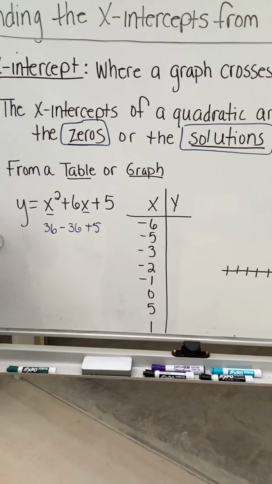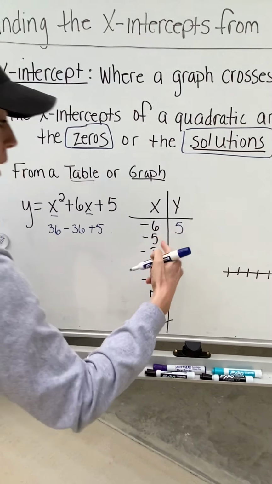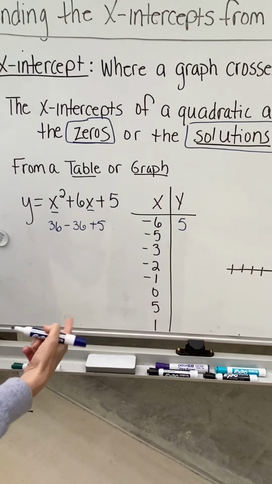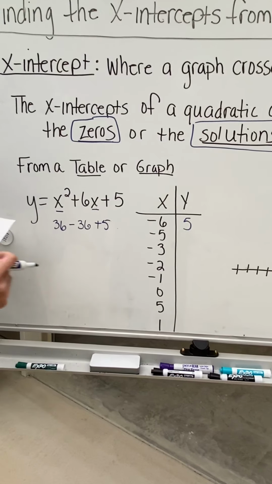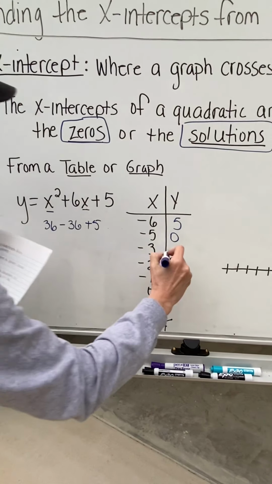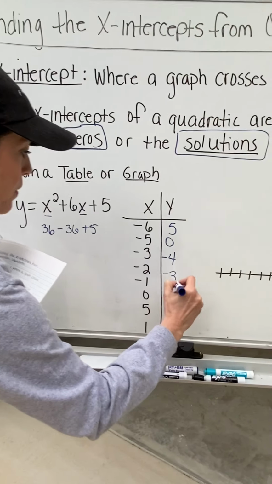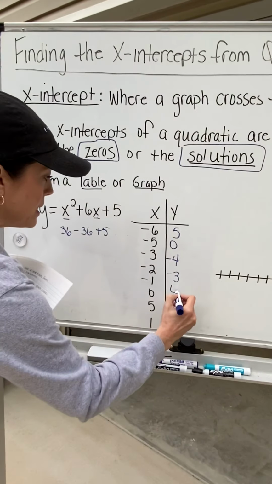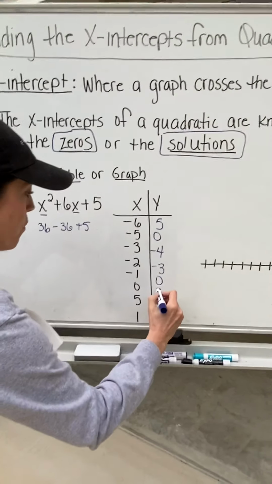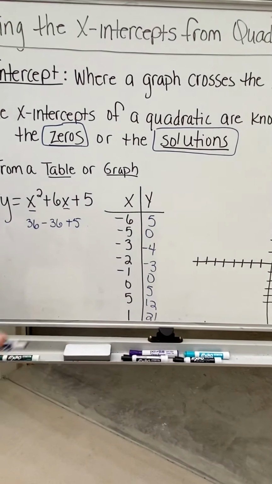So when you plug the -6 into the quadratic, y is going to be 5, and then you could plug each one of those in one at a time to get your corresponding y values. So I have -5, 0, -3, -4, -2, -3, -1, 0, 0, 5, 5, 12, and then 2, 21, etc.